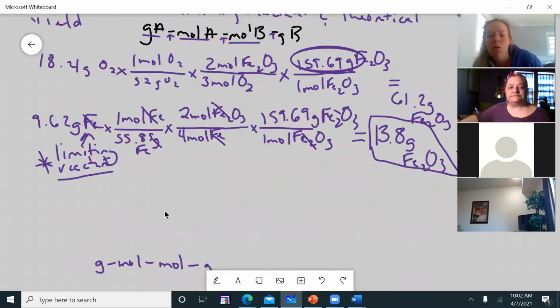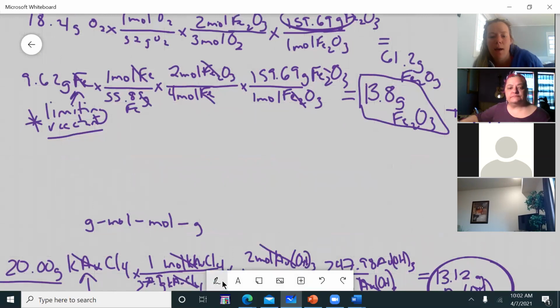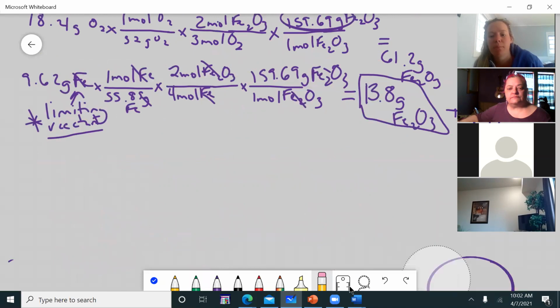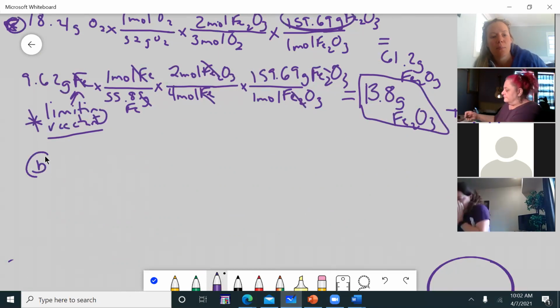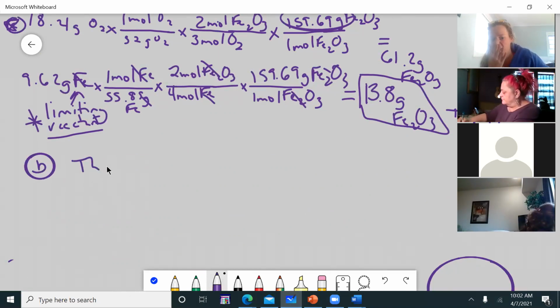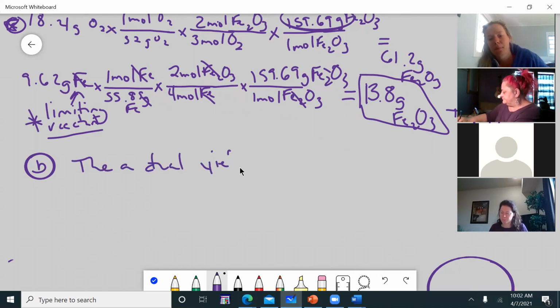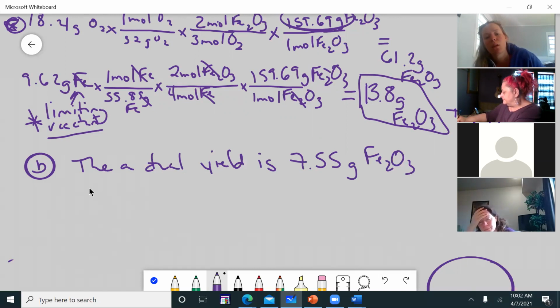The last thing I want to go over is actual yield and percent yield. So let's put a part B on this. Say that this was A. We'll say this is B. So the actual yield is 7.55 grams of Fe2O3.